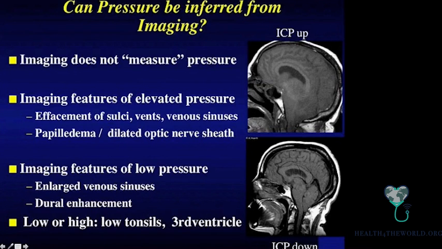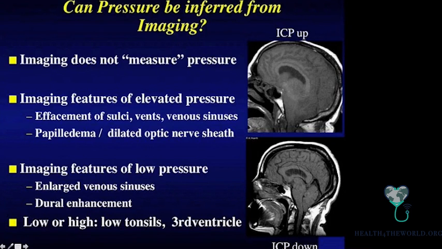Okay, so remember, imaging, what we do every day, does not measure pressure. And unfortunately, that would be a great advance if we could actually measure pressure with MR or another tool, but we don't, because we are unable to appreciate whether a pressure is normal, up, or down.